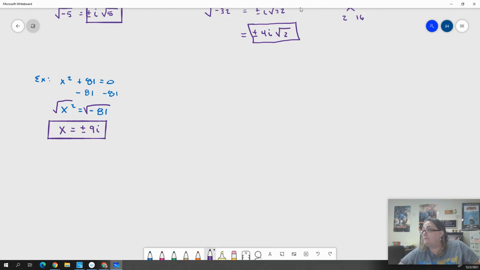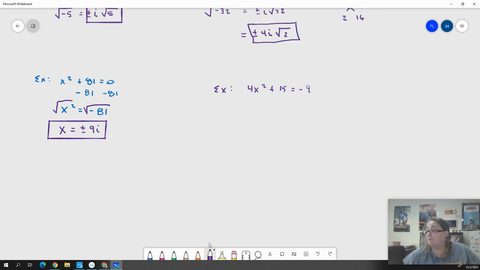So if I have 4x squared plus 15 equals negative 9, we're going to start undoing everything that's being done to this x squared, right?